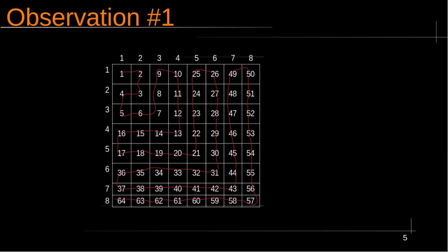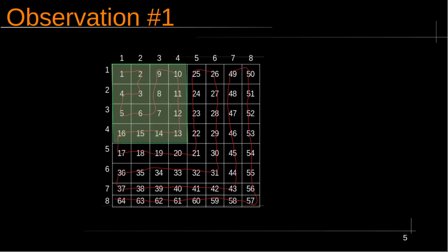As you see here, this is the spiral, and as we observe here, we can build a square of size 2 that contains all the consecutive integers from 1 to 4. Same for the square of size 3, or the consecutive numbers from 1 to 9.